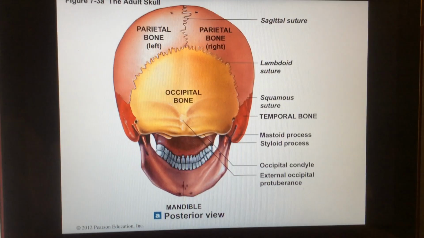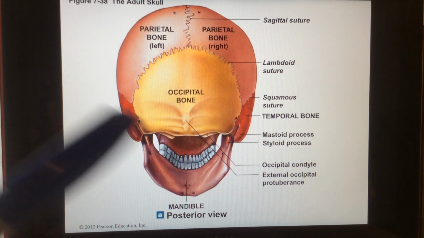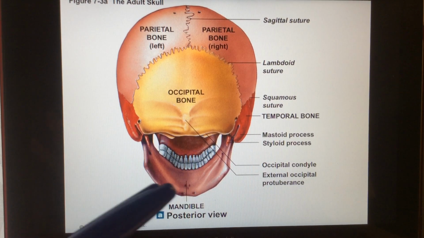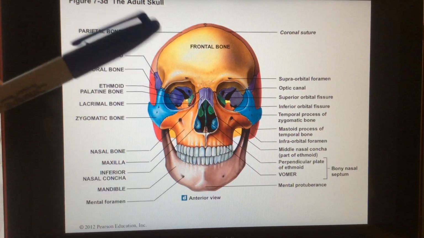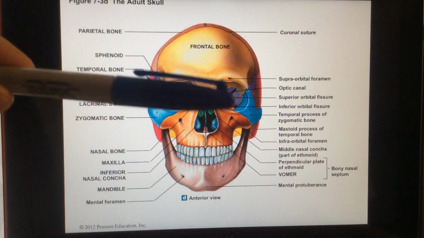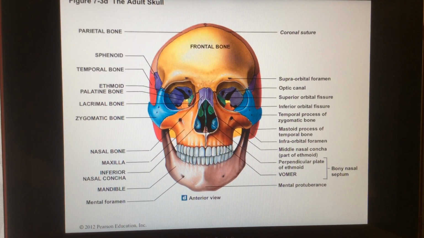So, again, just to clarify the sutures, remember, the boundaries of the skull are immovable joints. You have the coronal suture, which cuts through the body to produce a frontal or a coronal section, and attaches the frontal bone to the 2 parietal bones.